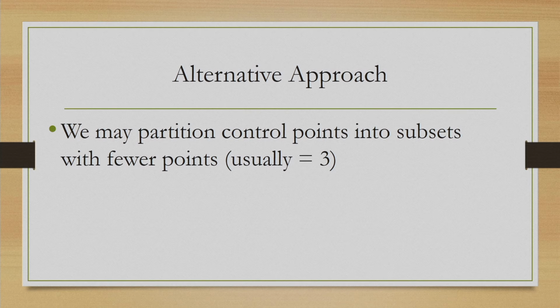Now, what is this alternative approach? Suppose we are given again n plus 1 control points. Irrespective of the value of n, we may partition the entire set into subsets with fewer points. Typically, these fewer points are 3. So, given a set of n plus 1 points, we may like to have subsets where each subset contains 3 control points.